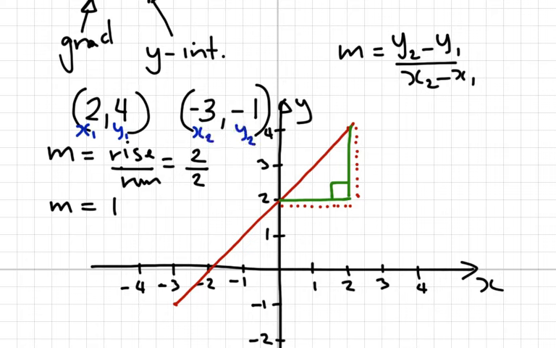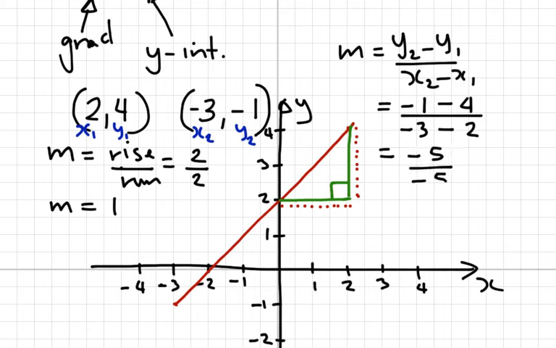All I need to do is substitute them in, giving me y2 minus y1 is -1 take away 4, divided by x2 minus x1, which is -3 take away 2. If you're really good at your negative numbers, you'll see that -1 minus 4 is -5, and -3 minus 2 is also -5, and -5 divided by -5 is 1.